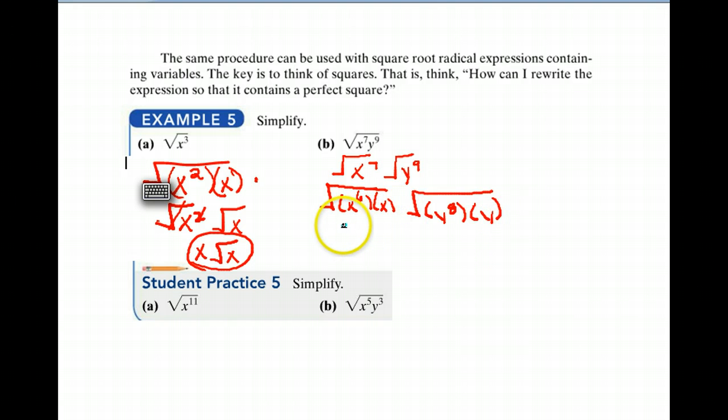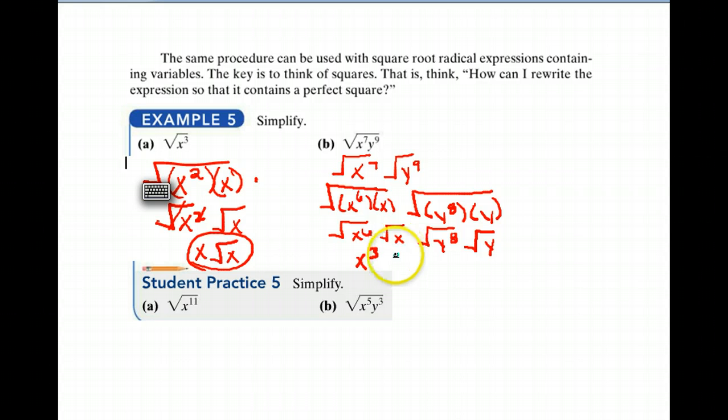Now we can use that trick of dividing by 2 to simplify. So we're just going to split all of these up into their own individual square root, and we can use that power of 2 rule that I taught you of dividing to simplify. So 6 divided by 2 gives me x cubed.